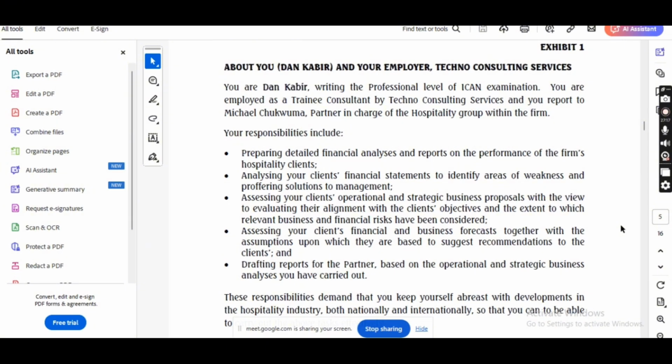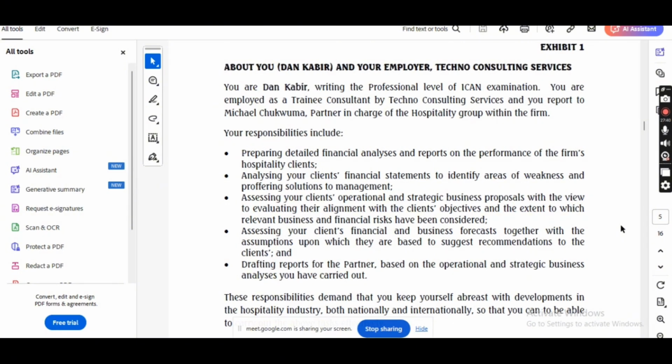I've not seen over the years that ICAN will bring out something like this, where your responsibility will change. But if ICAN wants to be wicked, please pay attention to that exhibit first. Read it: this is my responsibility, and they are still talking about clients. You are good to go.